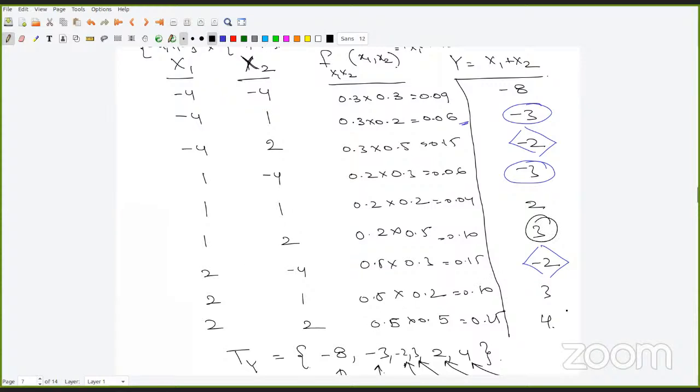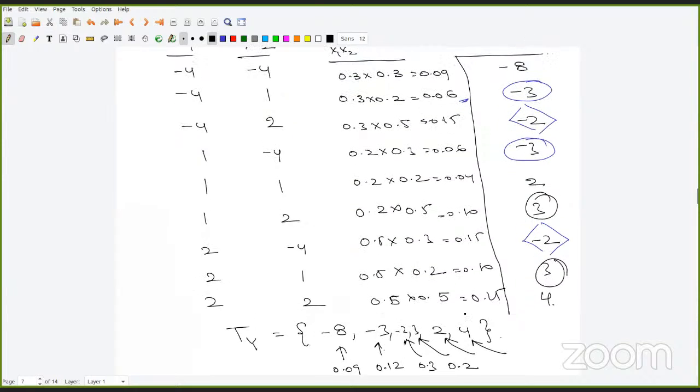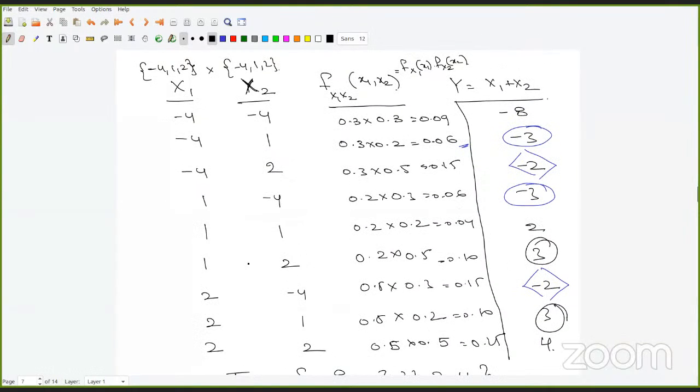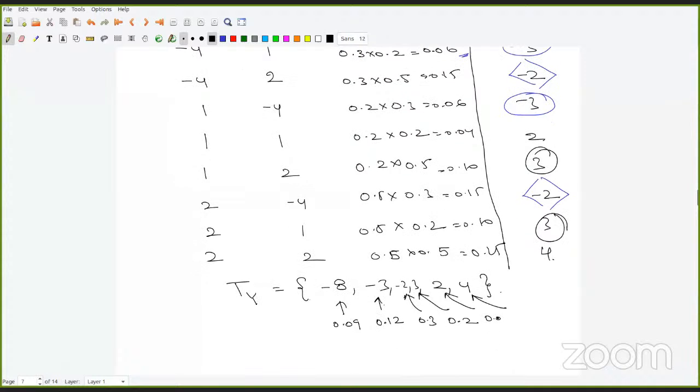The probability of this particular event is 0.1 and of the other is 0.1, so 0.1 plus 0.1 is 0.2. For 2, there is only one possible case, x1 taking 1 and x2 taking 1, so that is 0.04. And finally for 4, it is 0.25.